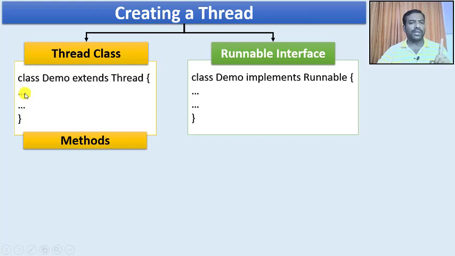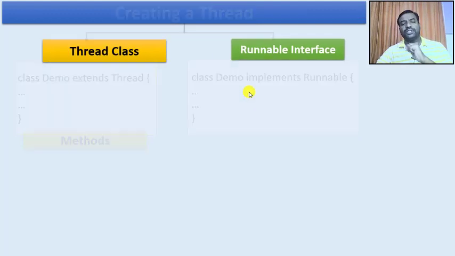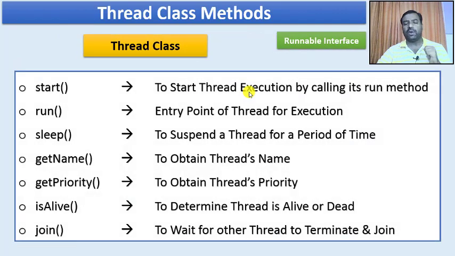But when I talk about a class, you have a list of existing methods with their bodies, and you can just make use of those methods. Now we will see what the methods of this class are and how we are going to create a thread using the class. Later on we will discuss how to create a thread using the Runnable interface. Fine. Now just look at the methods we have.